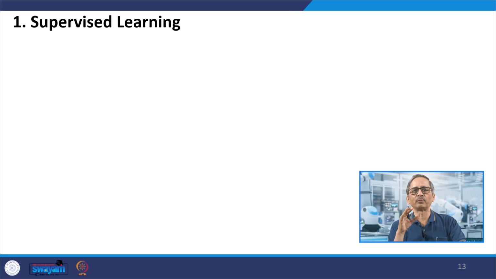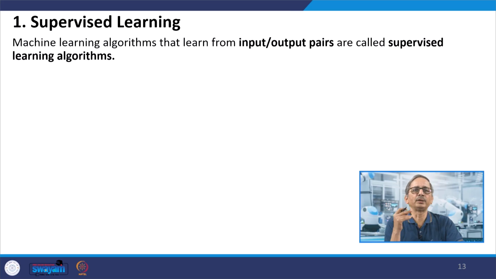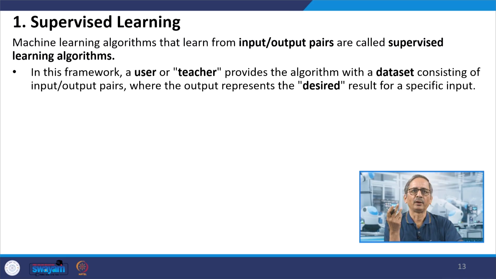In this lecture, I am going to talk in detail about supervised learning. Unsupervised and reinforcement learning I will be talking about in the next lecture. So, a machine learning algorithm that learns from input output pairs is what we call a supervised learning algorithm. We have the input information, and the output information corresponding to the input. So what actually is done in this case?